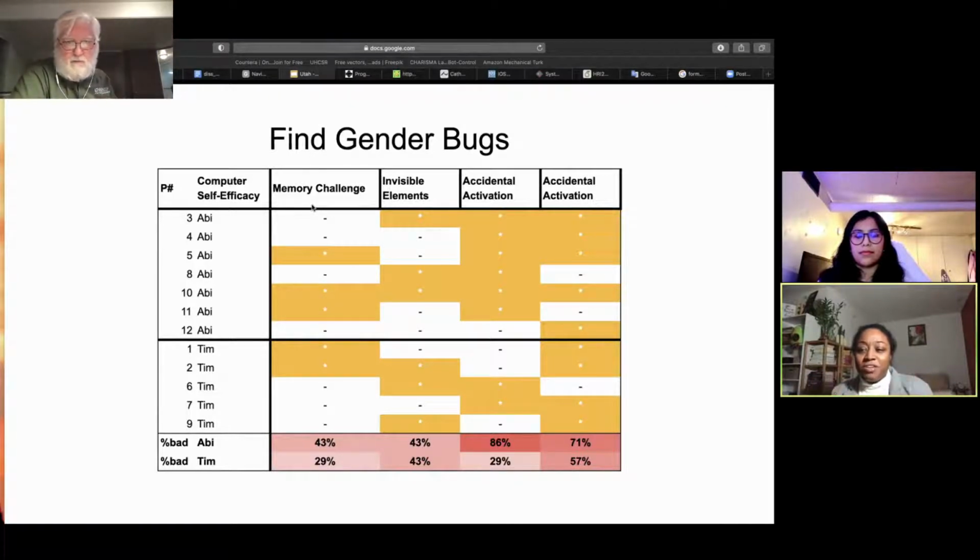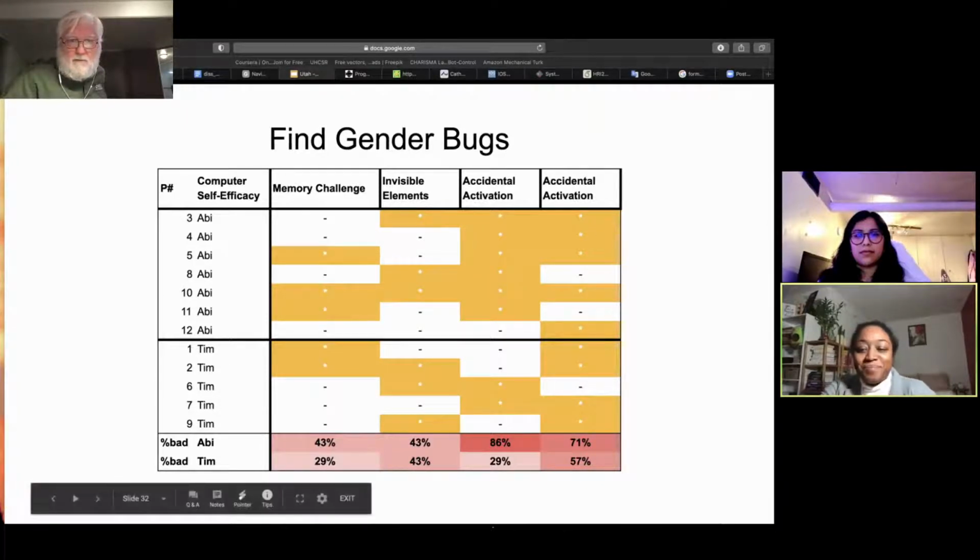Right now I'm talking to you guys and I touch myself so many times, right? And I didn't expect that if I touch my table right now, the table will move, right? So this whole idea that we touch an object and it moves caused a lot of problems for the participants.